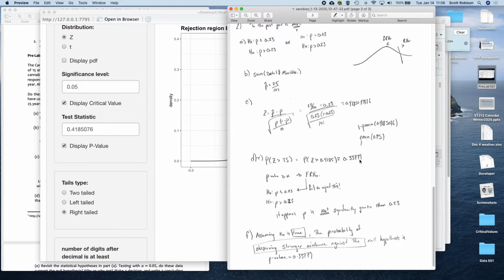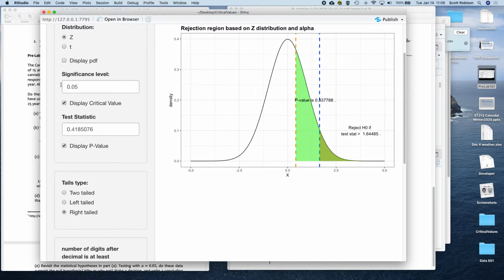Here's how we write the p-value probability expression. Again, I explained this in some detail in the first video, but this time the distribution is actually the Z distribution, not the T distribution. So here the p-value is the area such that if I'm using the Z distribution and I've calculated the test statistic, then because the alternative sign is the greater than sign, the p-value is the area on the right of the test statistic.